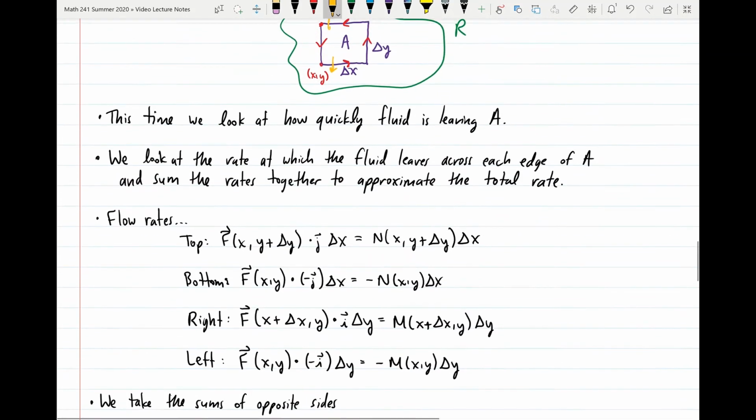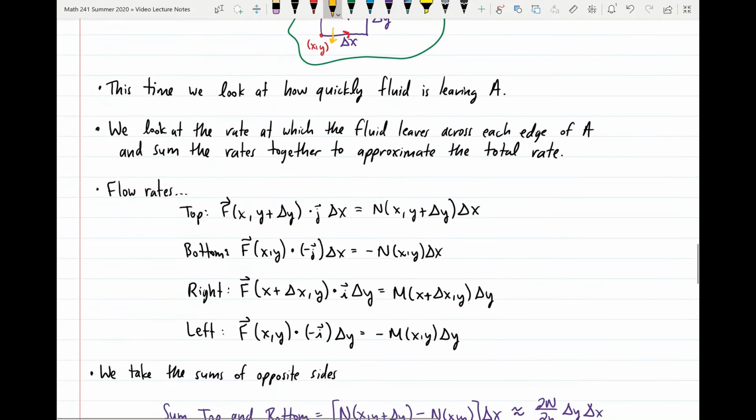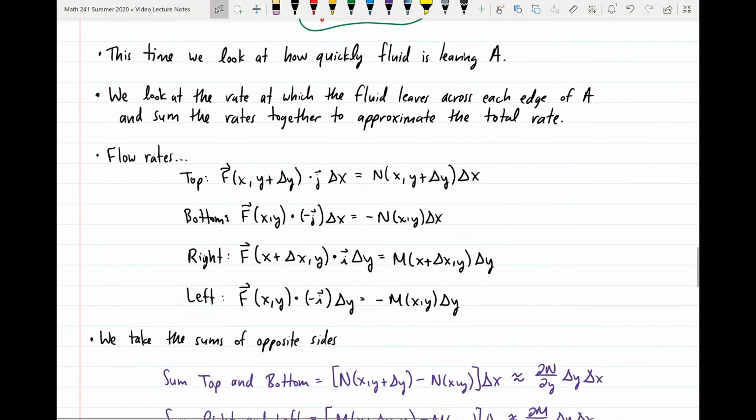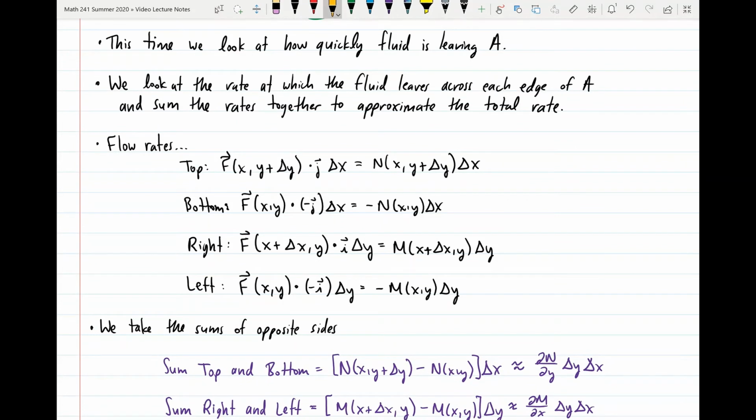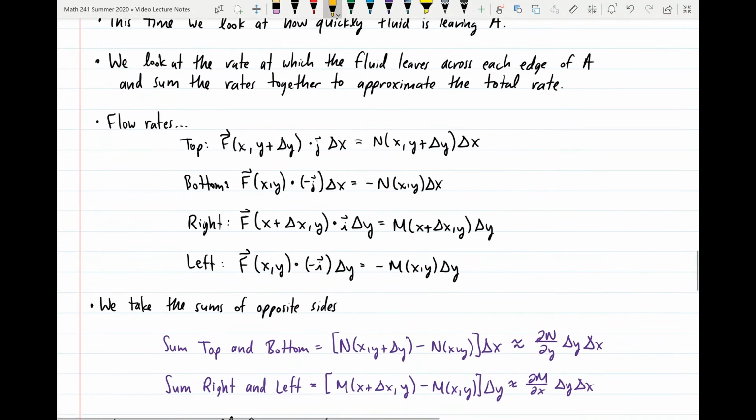And then the processes for the right and left side are very similar, so I won't even give the geometric reasoning for why this expression is correct. But the right side can be approximated by f of (x plus delta x, y) dot i times delta y, which is just equal to m of (x plus delta x, y) times delta y.